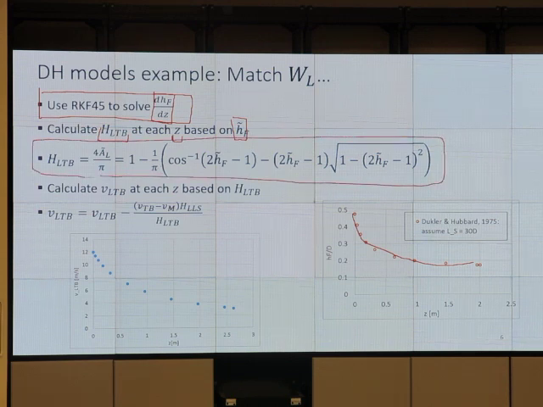Geometric relationship, right? The geometric relationship was in the book, so we can use this. Once we know HF, use RKF45 with the HDZ equation. We know height at every location. From height, we can calculate HRTB quickly.